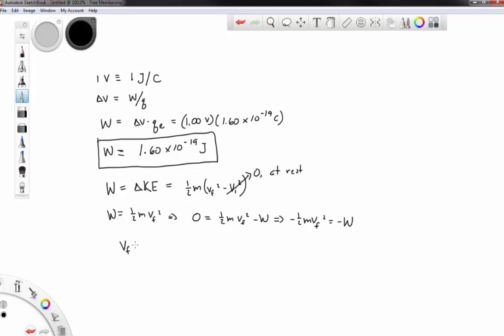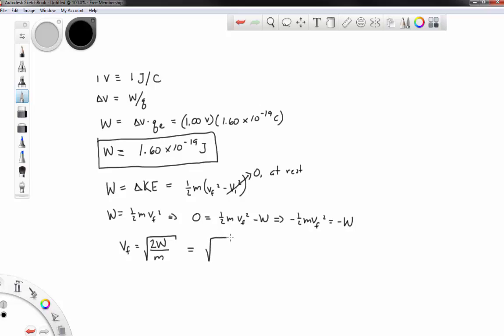So v final is equal to, when you divide by a half, it's the same as multiplying by 2. So we have 2 times the work divided by the mass, and we need to take a square root to get rid of the squared on that final speed.